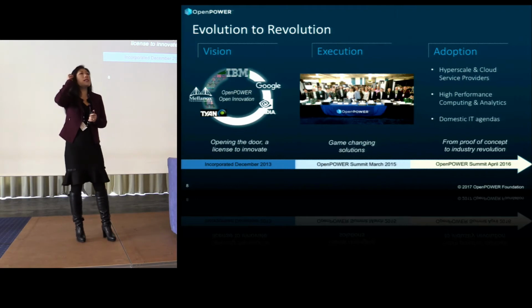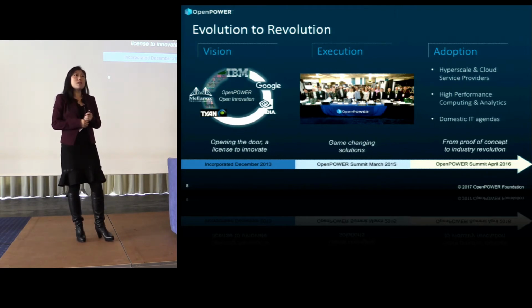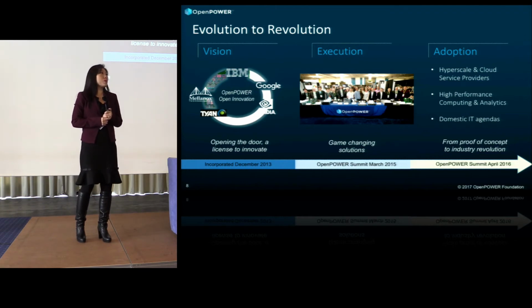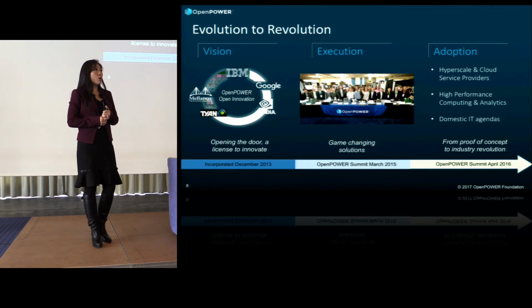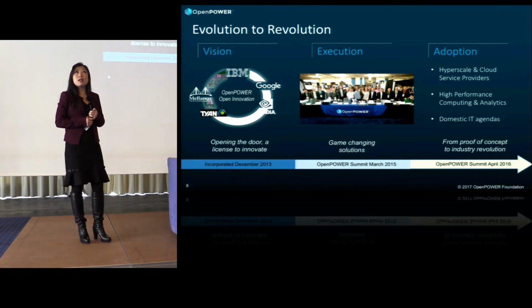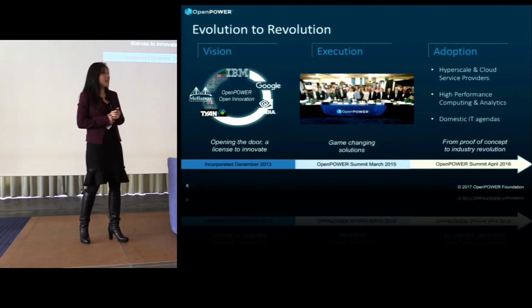OpenPOWER partners heads down, started to build tons of systems. And 2016 is the year of deployment. Some critical systems have GA'd last year. And also, many of them were seeking market acceptance and adoption. And that's why at last year's OpenPOWER Summit, 60 hardware all the way through software solutions were presented at the summit.